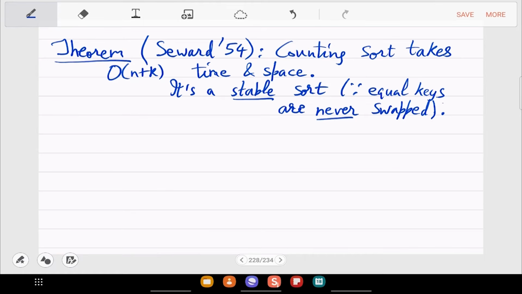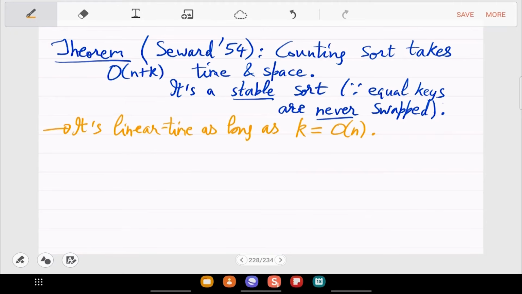I state this here as a theorem because I will use it in the next even faster algorithm. Yeah, so any questions? So this is linear time, as long as your k is order n.